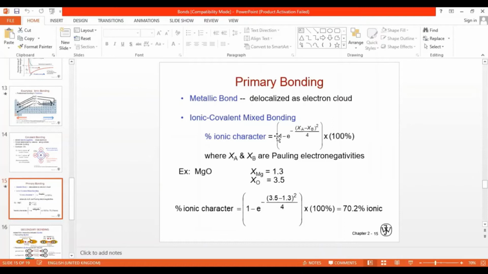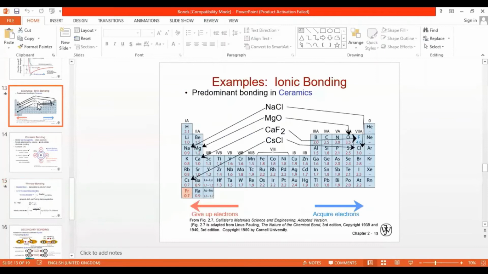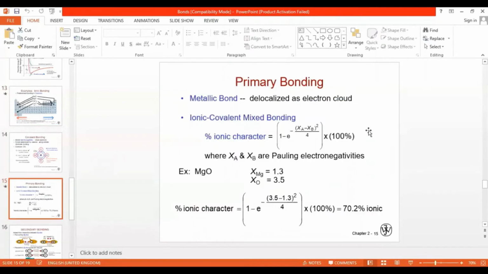And here you see ionic covalent mixed bonding. So I told you why electronegativity is necessary. Pauling's electronegativity is used to find the ionic character, so how much the bond is ionic. There we can decide whether it will show ionic properties or covalent properties.